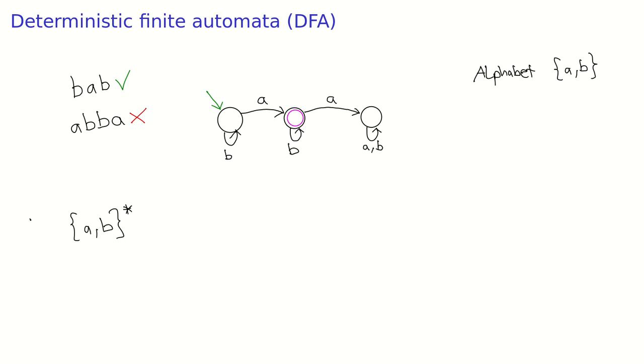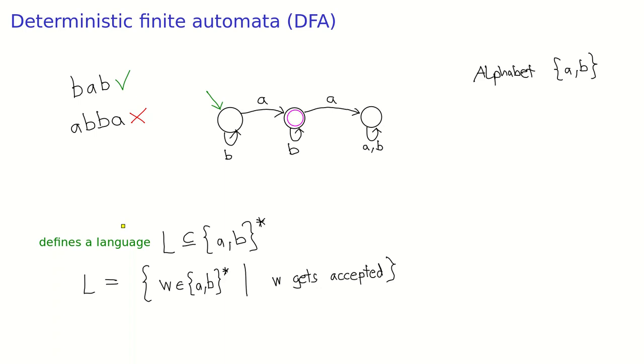So it will define a subset, let's call it L, a subset of the set of all strings. So it defines a language in this way. The language is just the set of words from {A,B}* that gets accepted by this automaton.